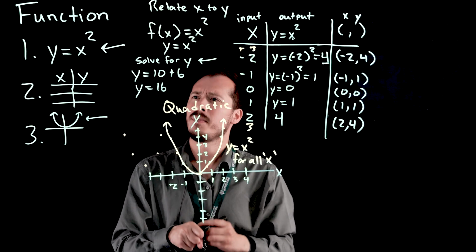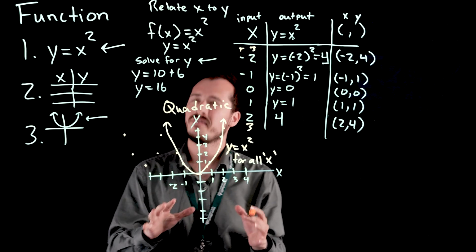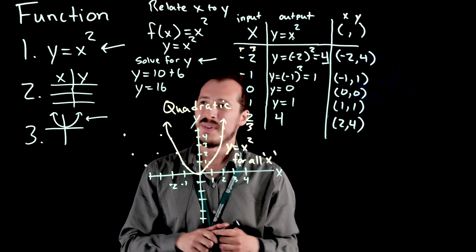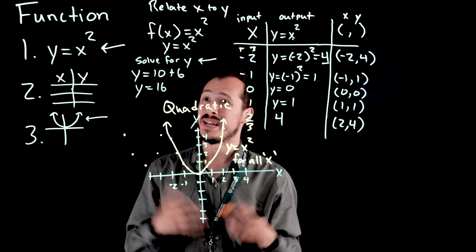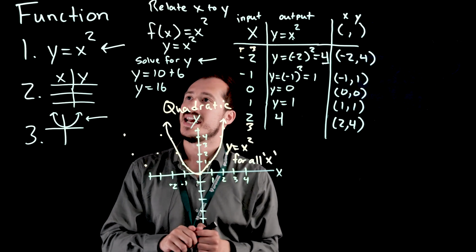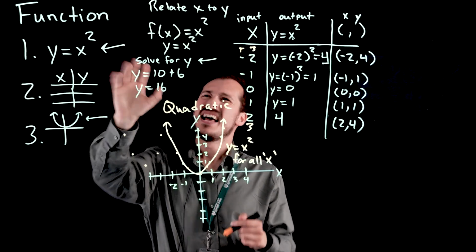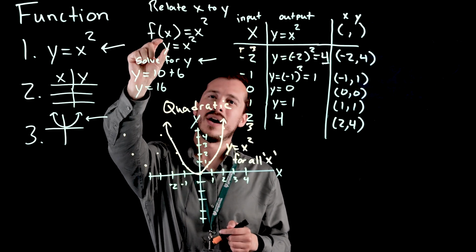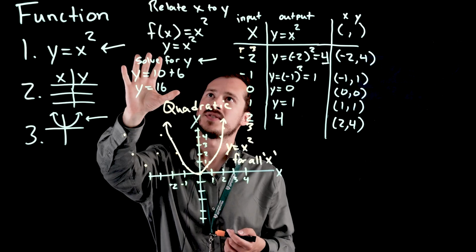But what I wanted to accomplish in this video is really just, if you're not familiar with functions, if it's been a minute since you've been introduced to some of these math ideas, what I wanted to accomplish is introducing what a function is, maybe the difference between an equation and a function. Maybe that was a little confusing at one point.